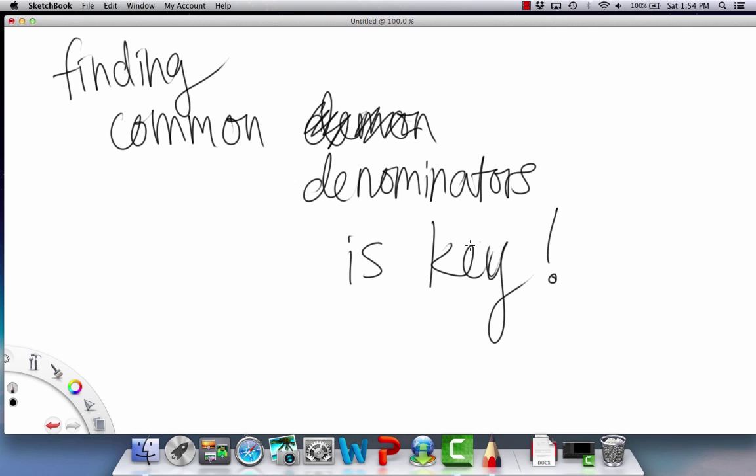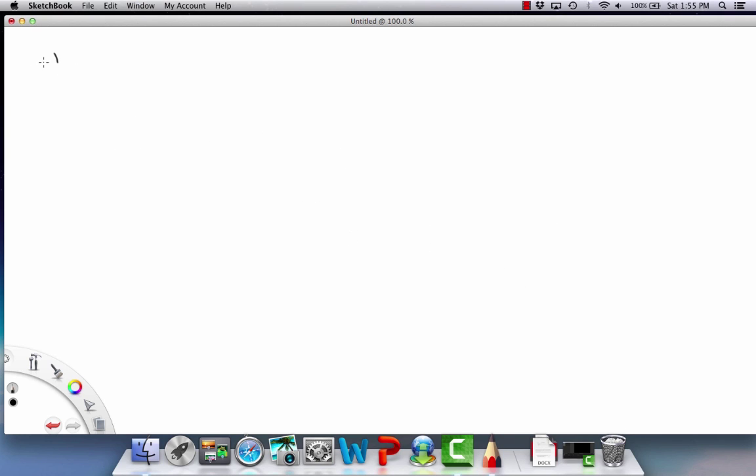Okay, so this whole thing about adding fractions and whatnot, having to find these common denominators, that's what drives the whole process that we're going to be going through. Okay, so let's try an example, and I'll show you how to walk through it.